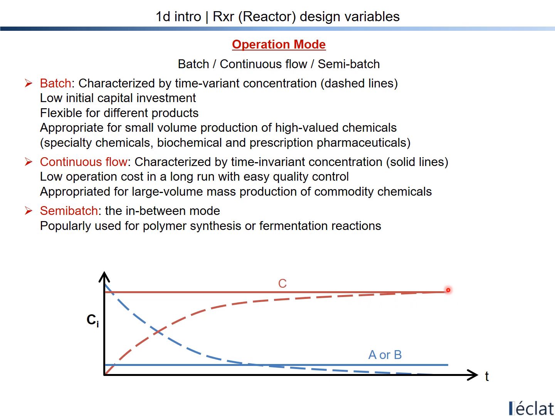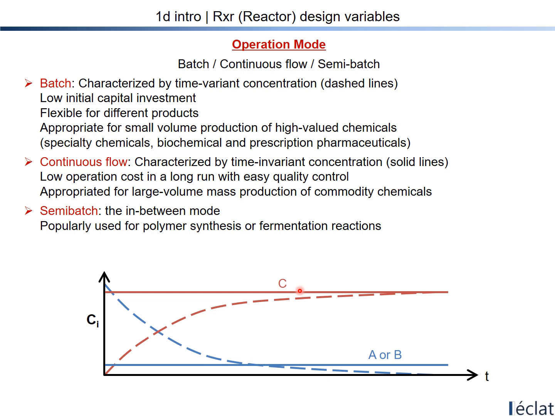Let's go to the second operation mode, which is the continuous flow mode. That is characterized by time-invariant concentration. In the continuous flow mode, usually we assume steady state. So, the concentrations of A and B, and also C as a product, are not changing during reaction time.